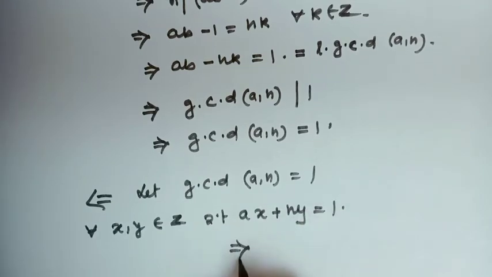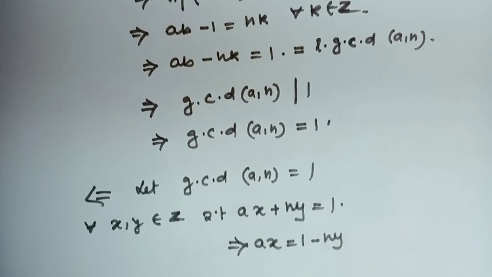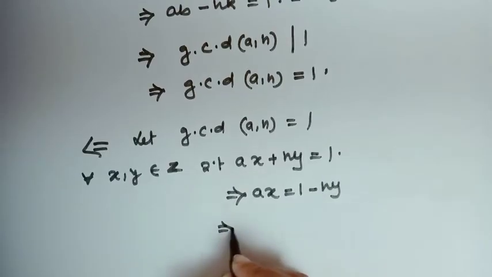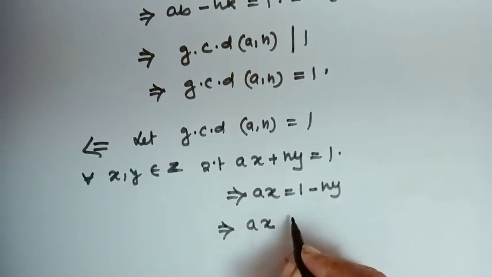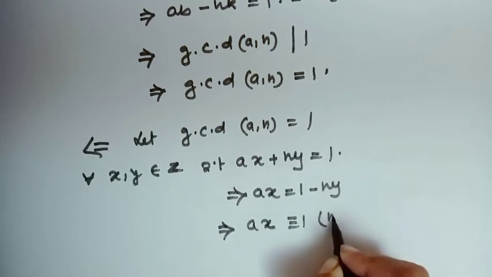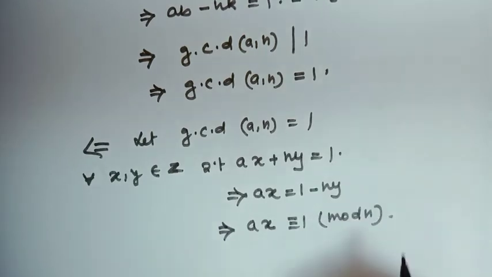That implies ax equals 1 minus ny. That implies ax is congruent to 1 modulo n.